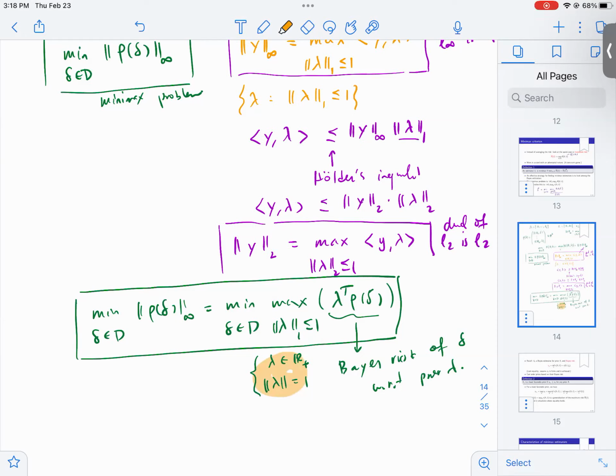Once you restrict to this class, which is equivalent in this case because the coordinates are positive, then this would be the Bayes risk with respect to lambda. So there's this nice connection between the minimax problem and the Bayes problem. I'll post these, think about it. Next time we'll come back and continue.